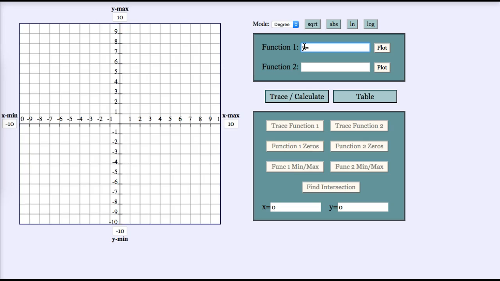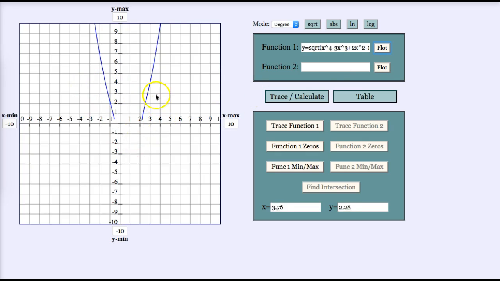It doesn't do that for us like our graphing calculators at school, so we've got to type it in. I have the square root of x to the power of 4 minus 3x to the power of 3 plus 2x squared minus 1, and I'm going to close the parentheses on my square root and hit plot.